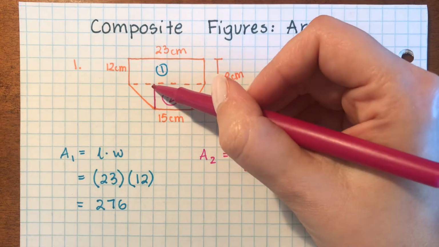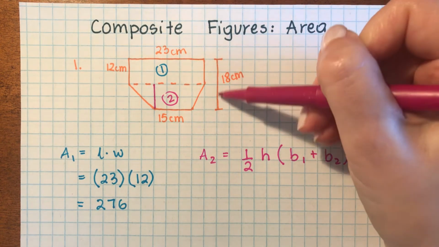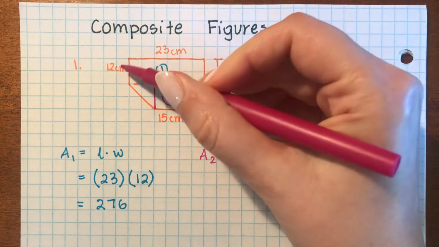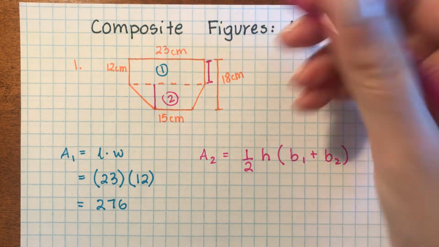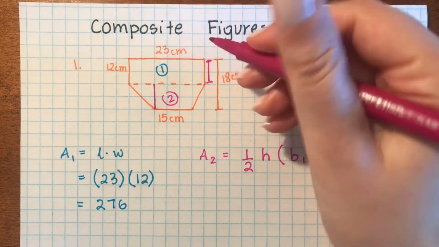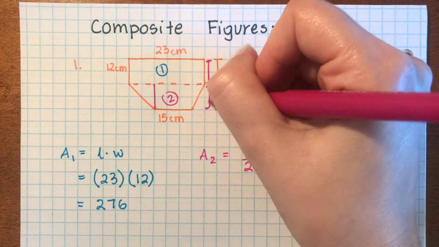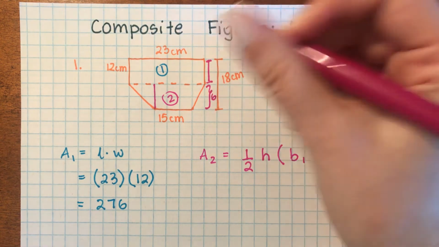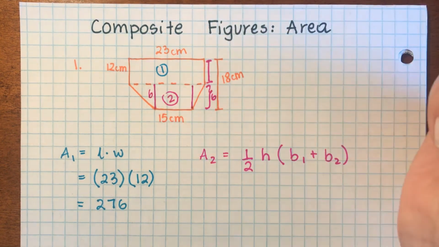To calculate this, we know that the composite figure from top to bottom is 18 centimeters, and this section right here is 12. So if you subtract 18 minus 12, it will give you 6, which is the height of this trapezoid. So that is 6.